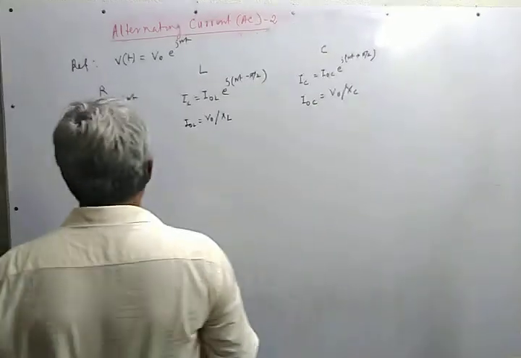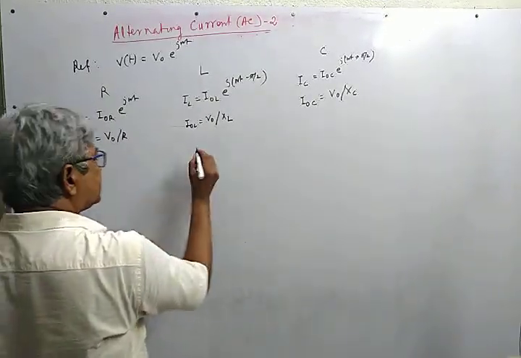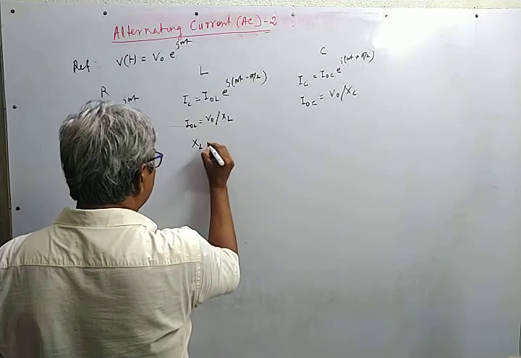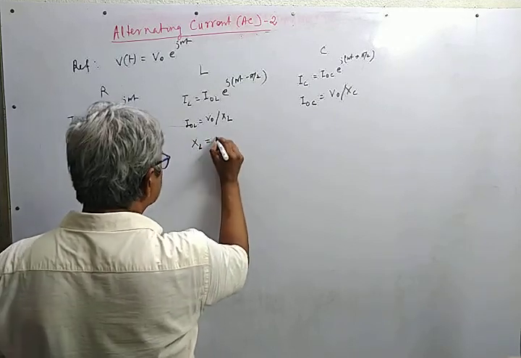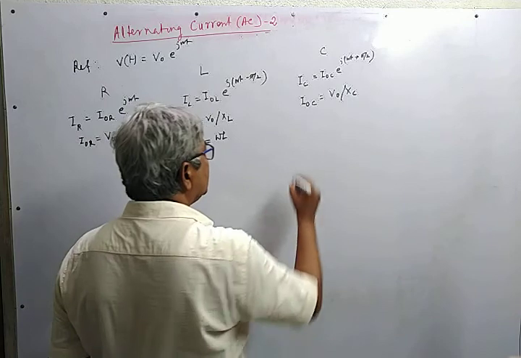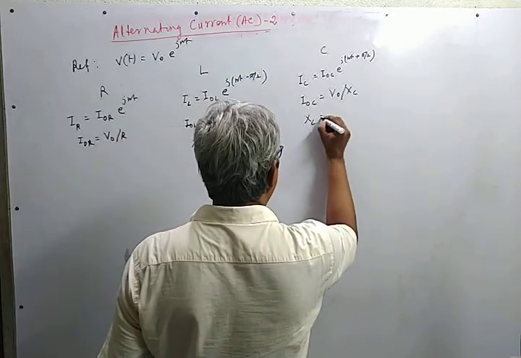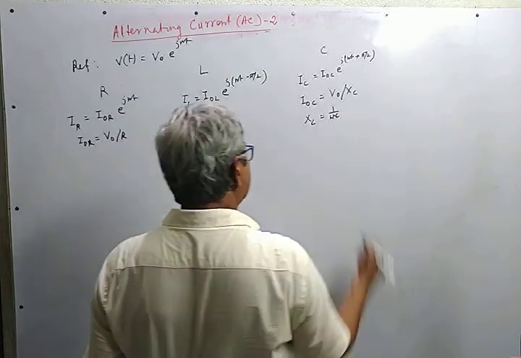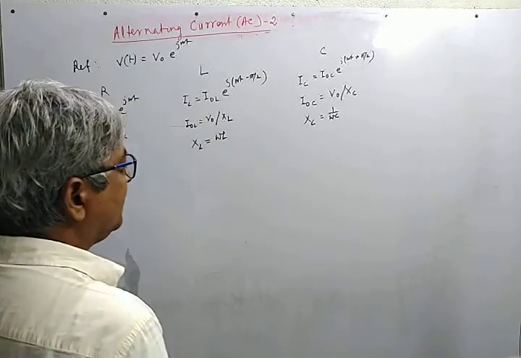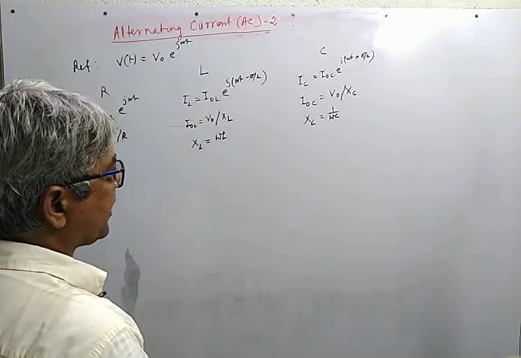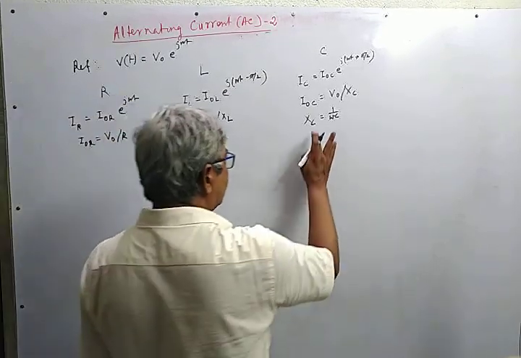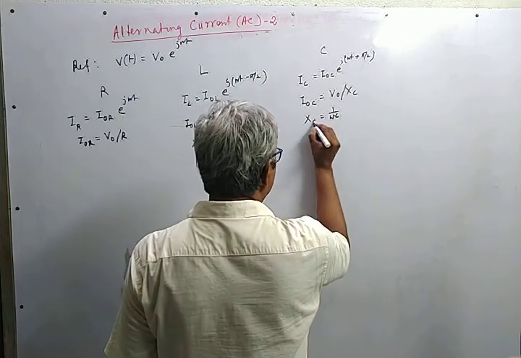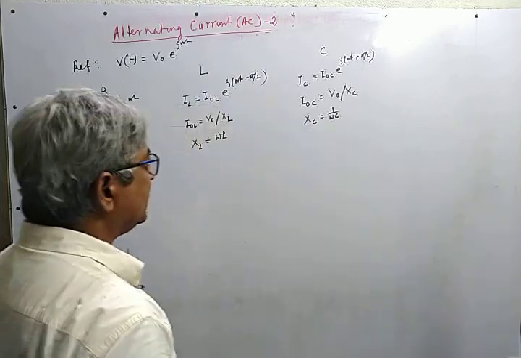Now R, we know, is the resistance, and XL, the reactance, is omega L. XC, capacitive reactance, is 1 by omega C. Note that for omega equal to 0, XC is infinite, that is, a capacitor is said to be a DC blocker.